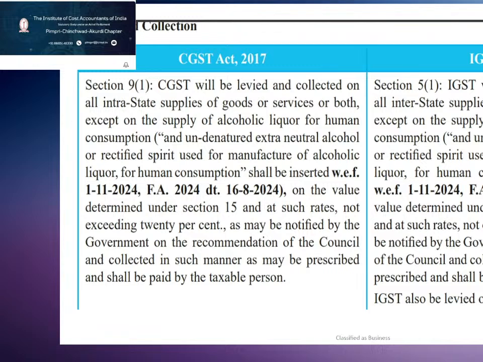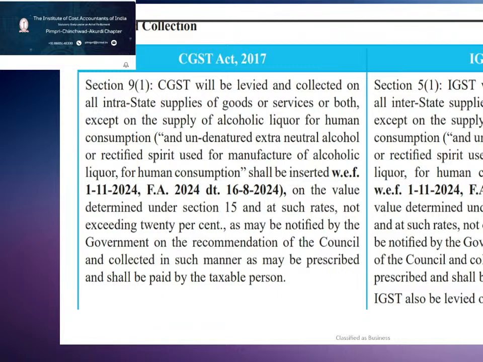So here you have to see the material only. The composition levy is for small taxpayers, and the turnover is up to a prescribed limit, which we will see below.